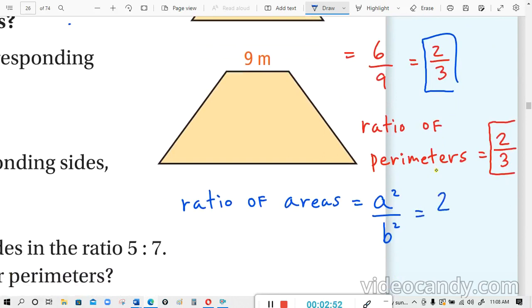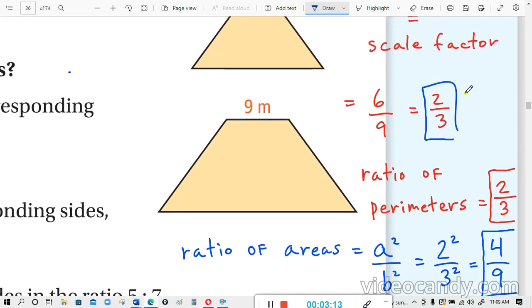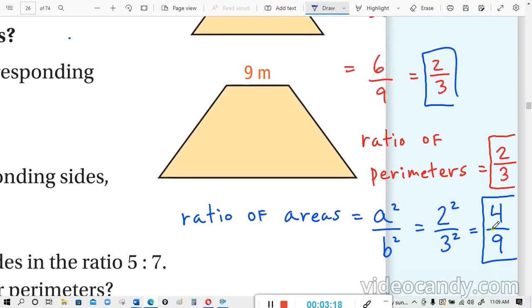We take the numerator and square it, and the denominator and square it. 2 times 2 is 4, and 3 times 3 is 9. So that's it. The ratio of the areas is the square of the ratio of the side lengths.